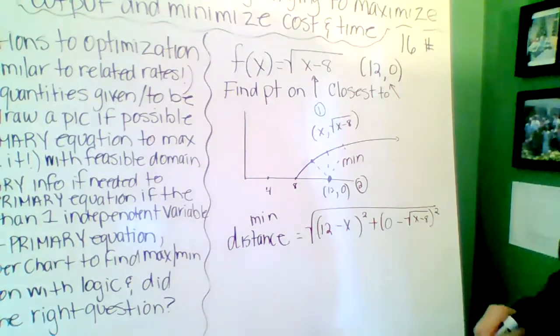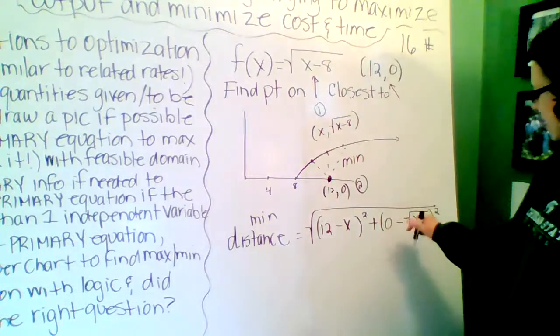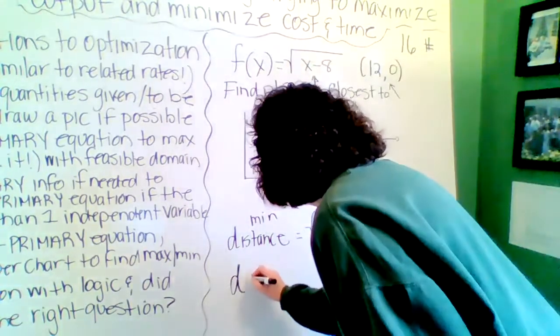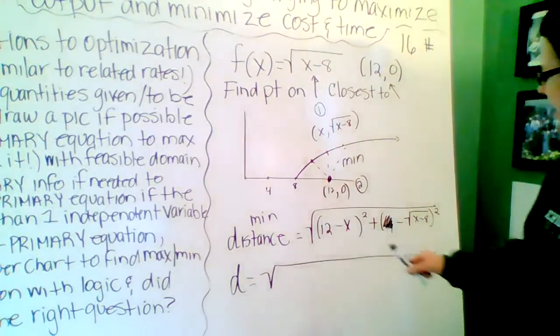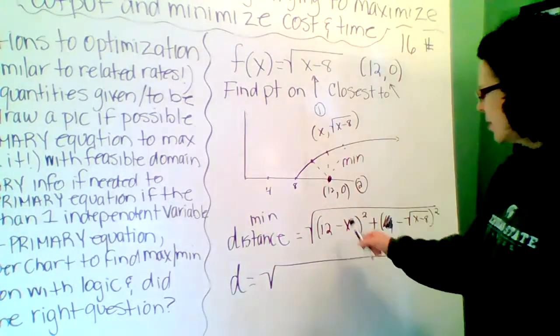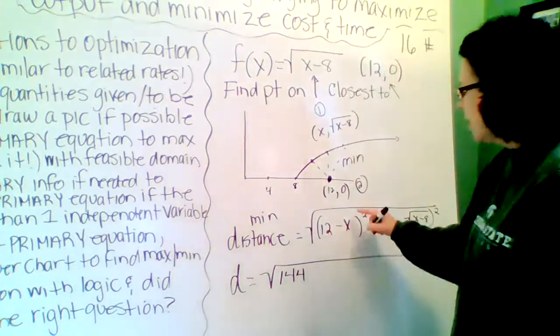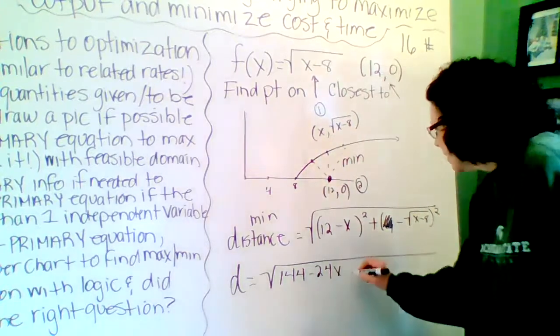Okay, so I'm going to go ahead and actually FOIL this out. Notice this 0 I don't actually need. And so the distance formula I'm trying to minimize is, let's take a look here. This is 12 times 12, 144, minus 12x, minus 24x, plus x squared.